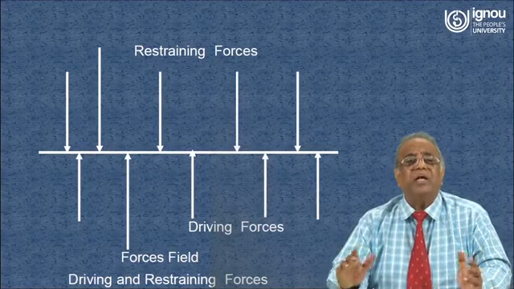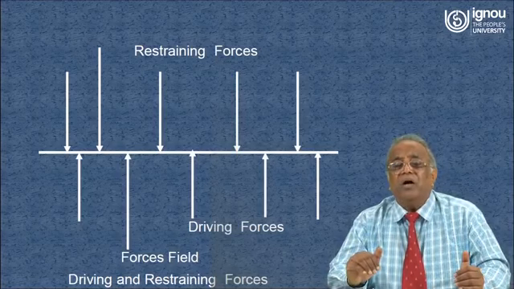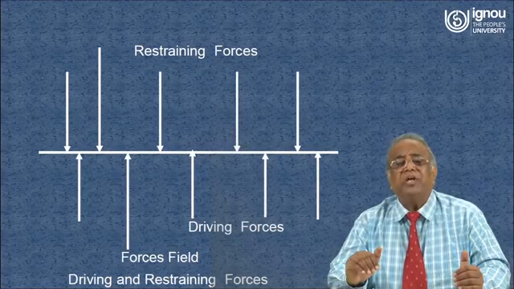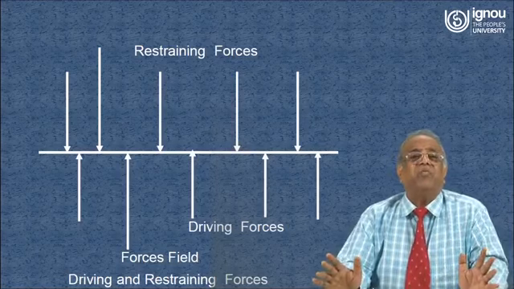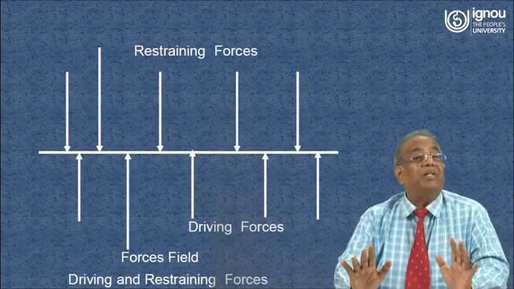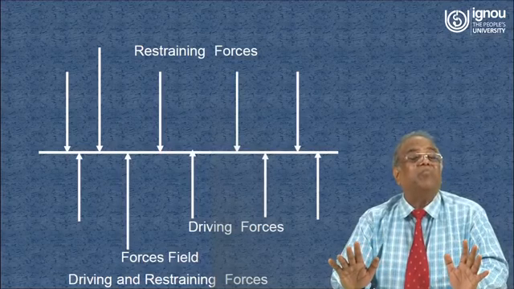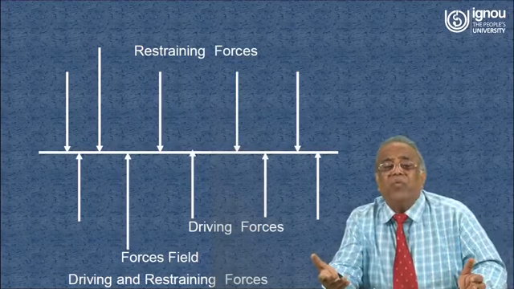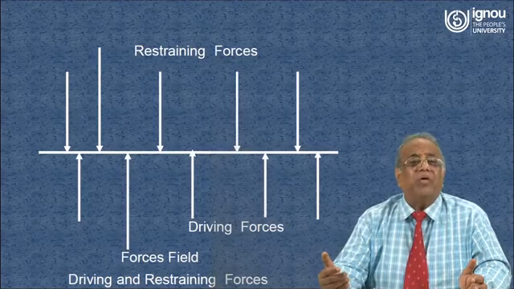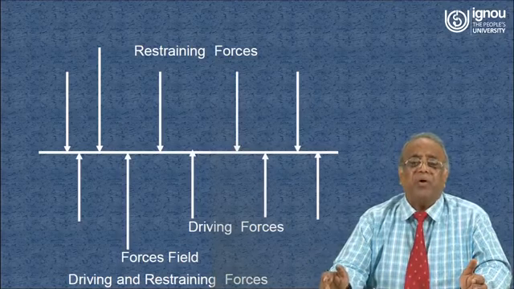The Lewin model says that when the driving force and restraining force are in equilibrium, that means these forces are equal, till that time the change is not possible. But if the driving forces are more than the restraining forces, only in that case is the change possible.